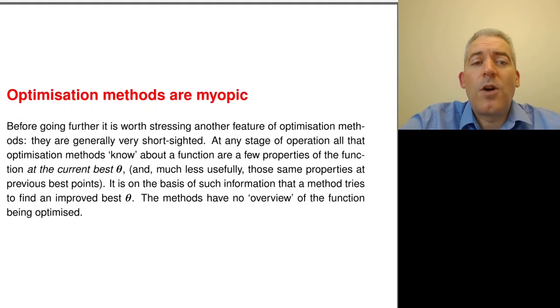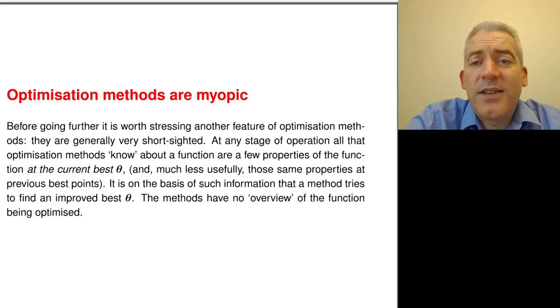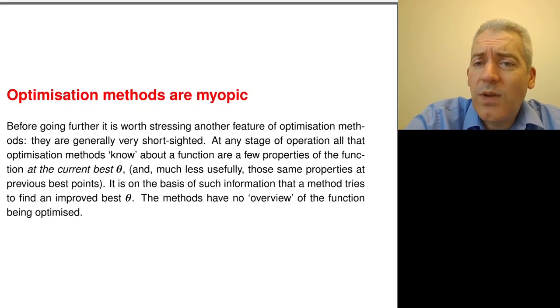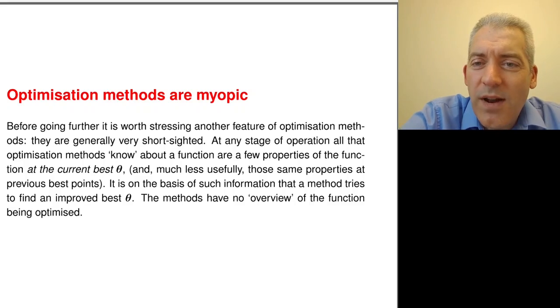So the kinds of optimization methods that we are talking about here are typically myopic, in the sense that they look around where they are now. You're currently at theta. How can I figure out where to go next? Well, I figure out where to go next on the basis of what I already know about the function in the vicinity of where I am.